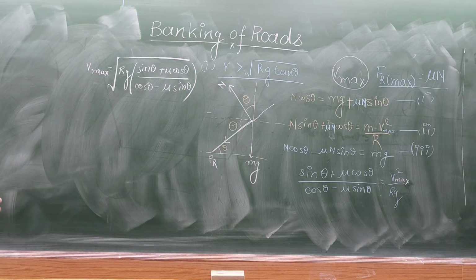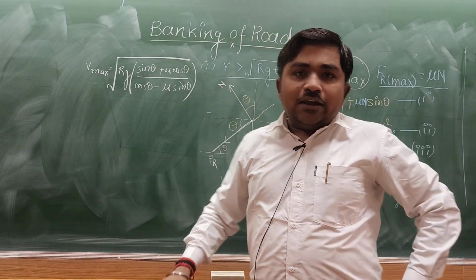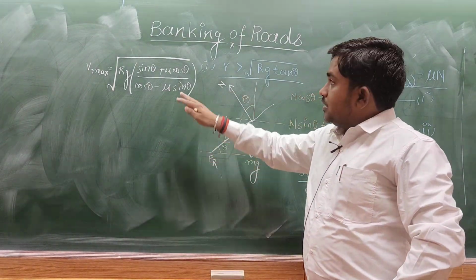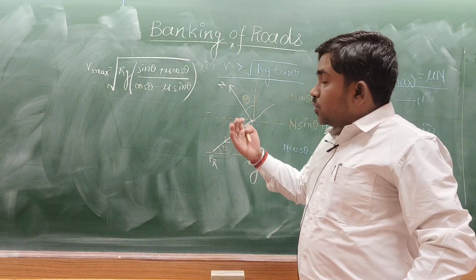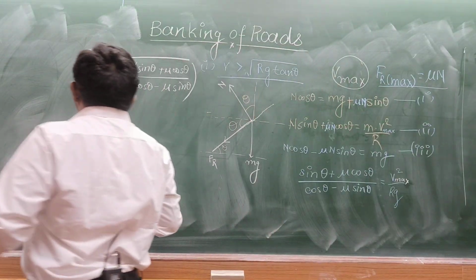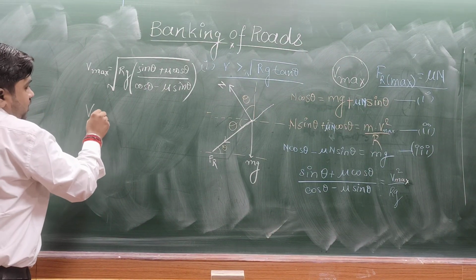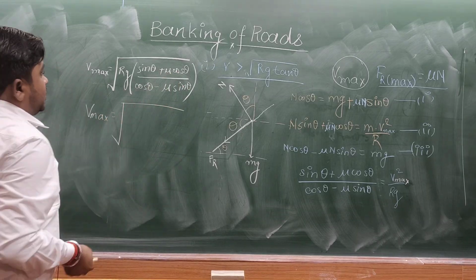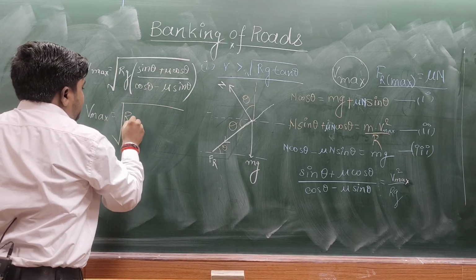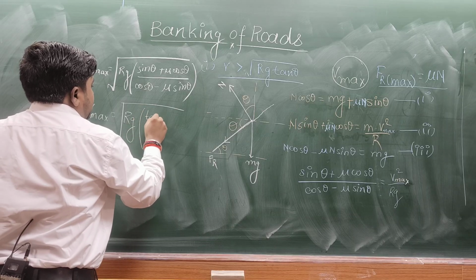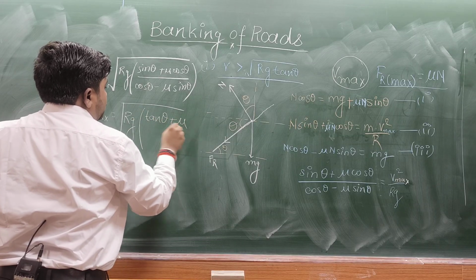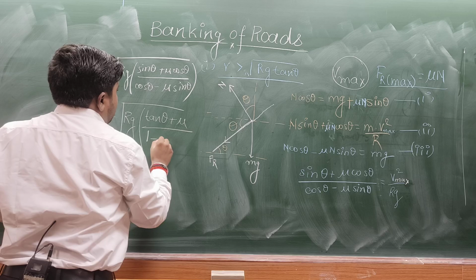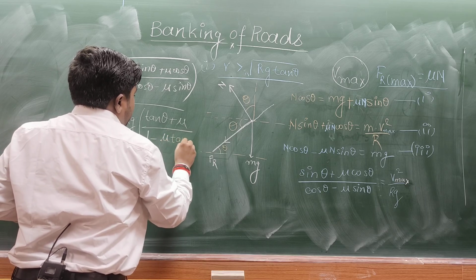Now if you have basic knowledge of trigonometry, this equation can also be transformed into a simpler equation. See very carefully, divide the numerator and denominator by cos theta, that will give me v max equals root of rg into tan theta plus mu divided by 1 minus mu tan theta.